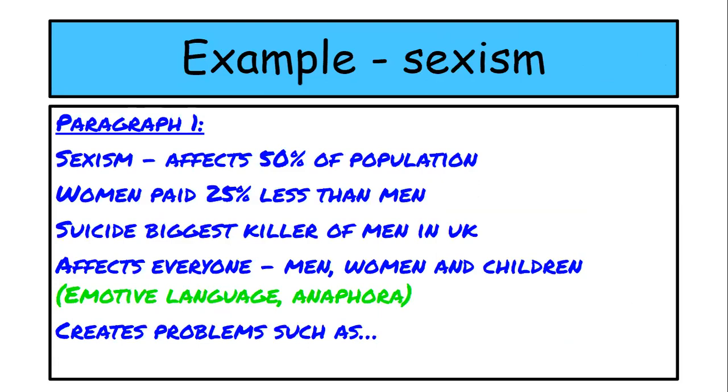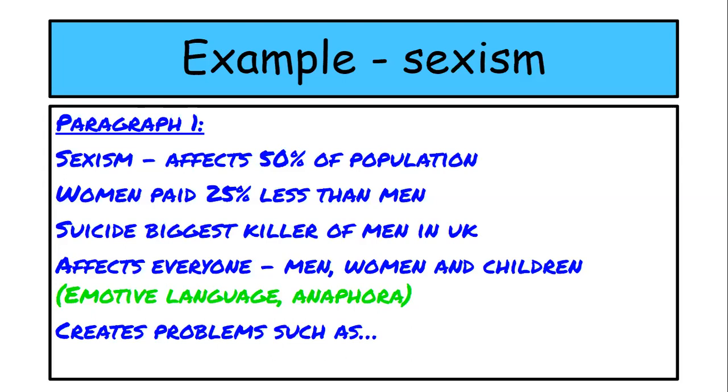First of all, please notice how few words are on the screen right now. I'm pretty much using note-making form of the headlines of that paragraph. So the research that I have got is that sexism affects 50% of the population and that women are on average paid 25% less than men.